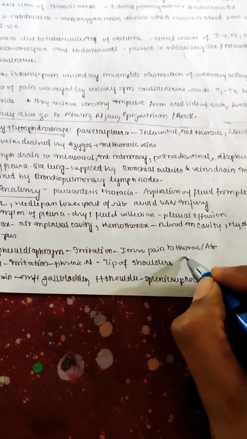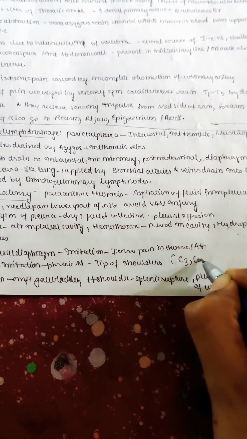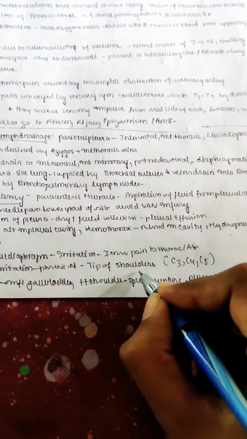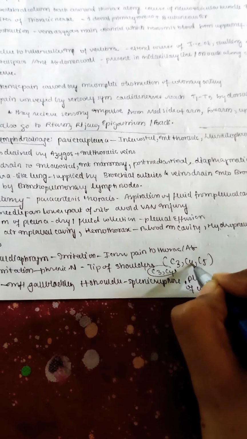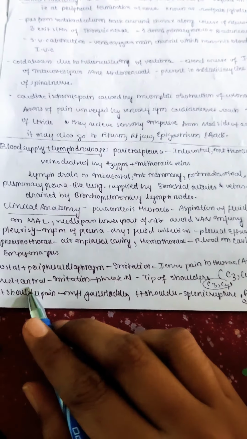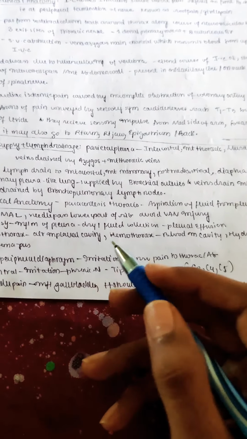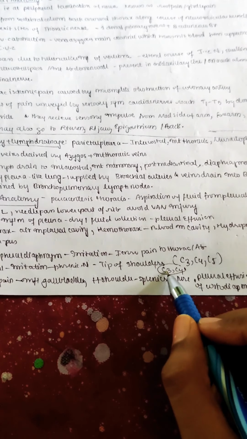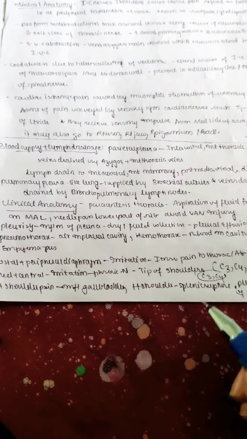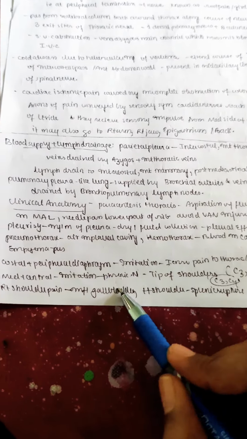The phrenic nerve arises from C3, C4, C5, and the tip of the shoulder is supplied by C3 and C4. So if there is irritation in the phrenic nerve, it will also affect the shoulder, because the shoulder has a branch of C3 and C4.